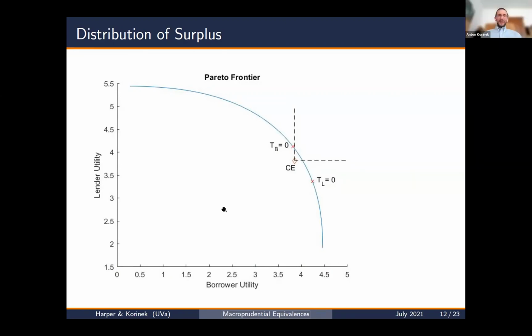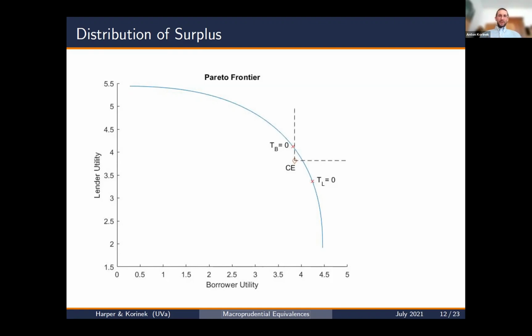Thank you, Daniel. So in general, in such an economy, there isn't just one efficient point, but an entire Pareto frontier of efficient points. And whenever we implement some form of regulation, we will either accidentally or intentionally pick a point on that frontier.